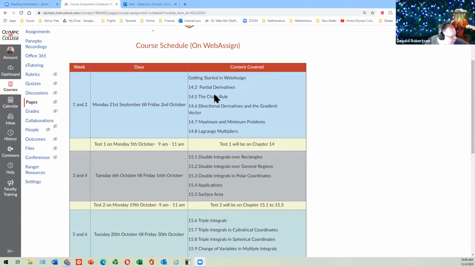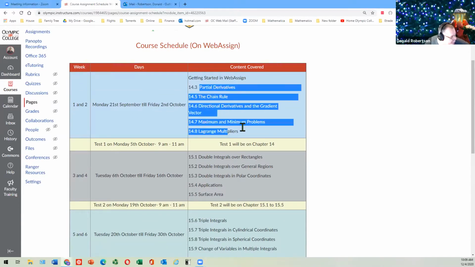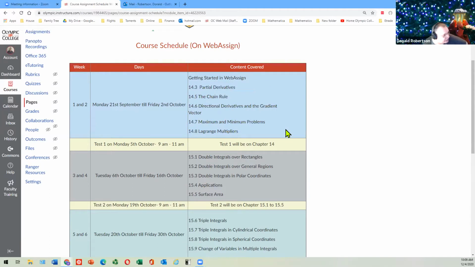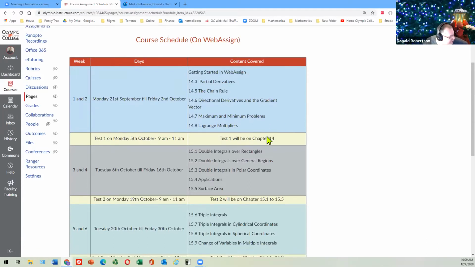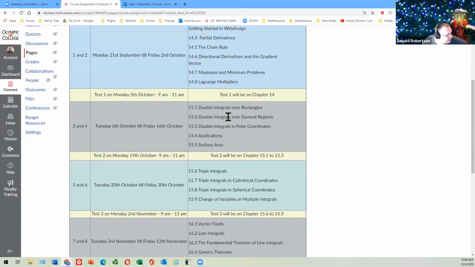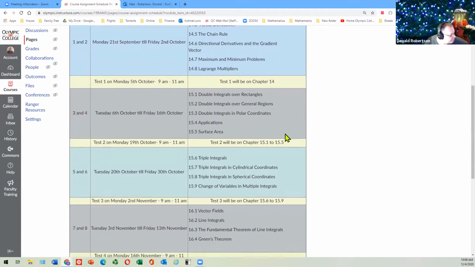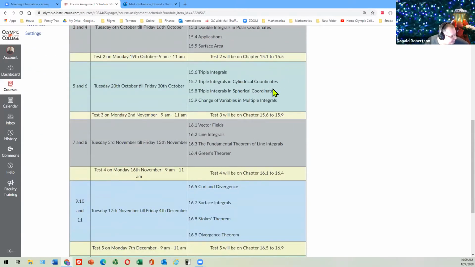So, quick summary. Chapter 14 was basically an introduction to partial derivatives, and how to find maximum and minimum values of multivariate functions. Chapter 15 is how to do double integrals and how to use them. This second part was triple integrals and how to use them.